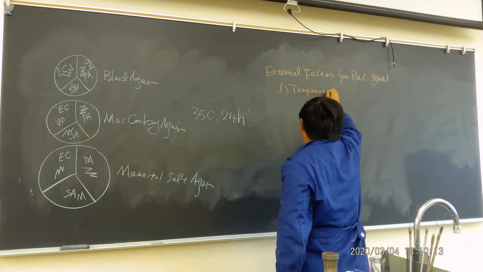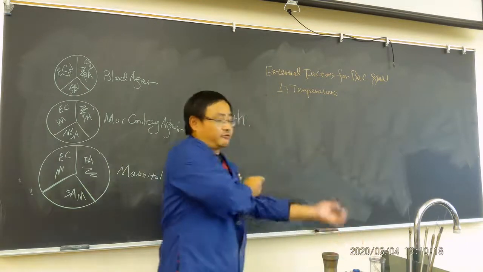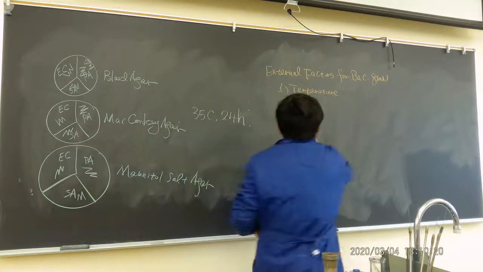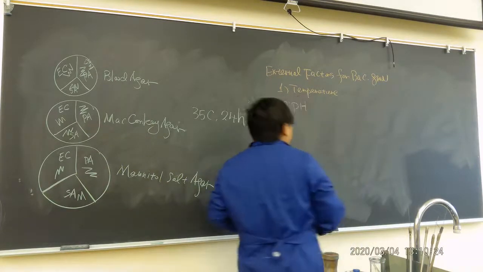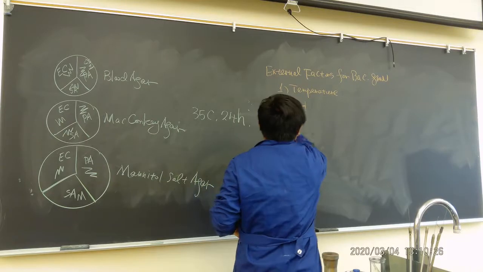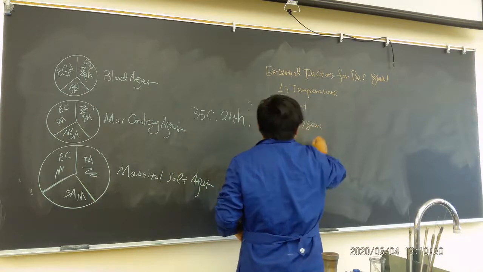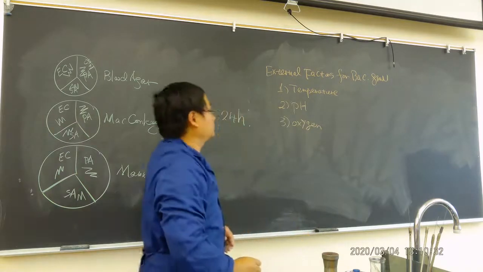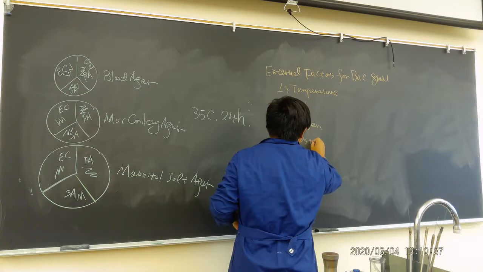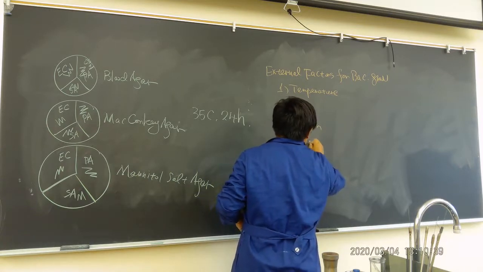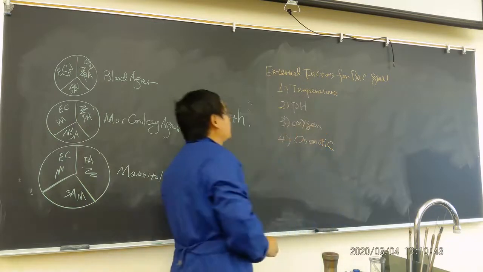So that's why you have thermophiles, mesophiles, hyperthermophiles, all these. The second one is pH: acidic, neutral, and alkaline. Number 3 is oxygen. We have facultative, aerobic, anaerobic. And number 4 is osmotic. We already mentioned that.